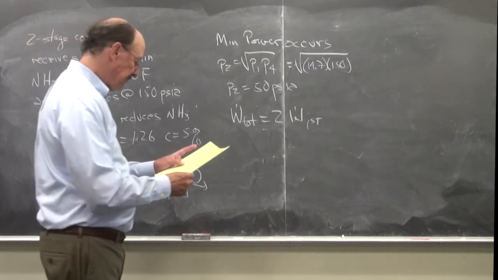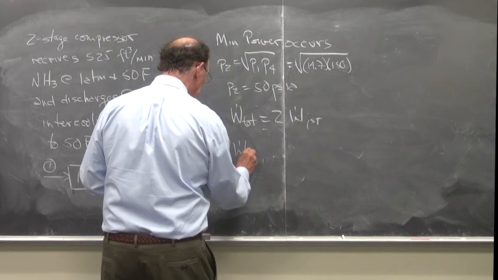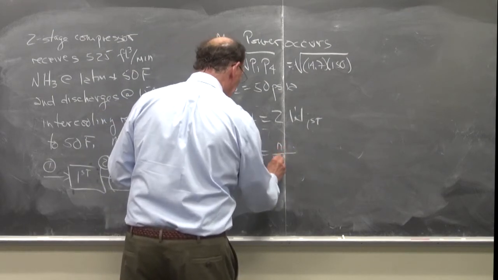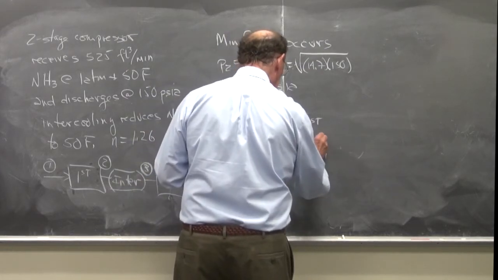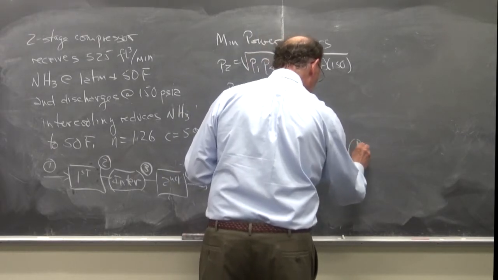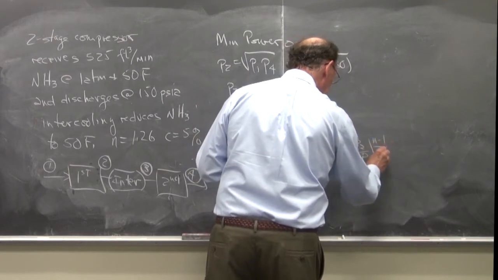And so if I solve for W dot of the first stage, it's n over n minus 1 times P1 V1 dot times 1 minus P2 over P1 to the n minus 1 over n.